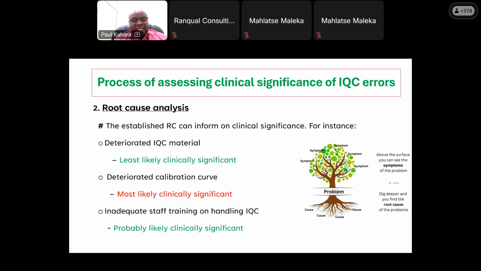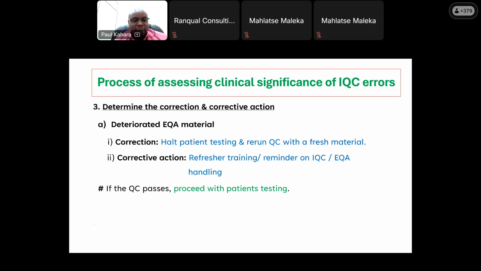If you realize that the problem is inadequate staff training or handling of IQC, then again you can tell that this error may not be clinically significant. And therefore, root cause analysis is part of the process of checking whether our errors are clinically significant. Like I said, I don't want to go into the details of this because this is a whole subject altogether.